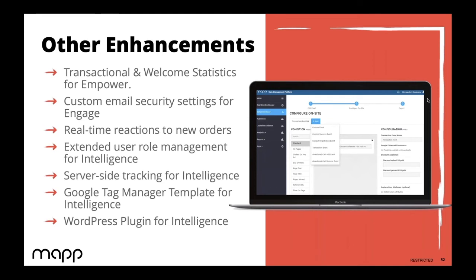Then we move now to custom email security settings. And with this enhancement, Mapp Engage customers who have the need to send particular emails with sensitive data can configure these specific mailings to be sent compliantly with the required security measures without hurting their maximum reach. For example, a financial customer can have both traditional marketing campaigns and also send bank statements.